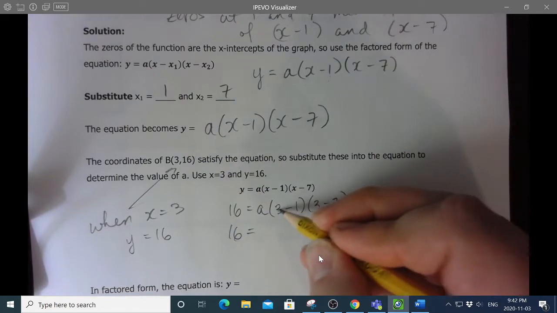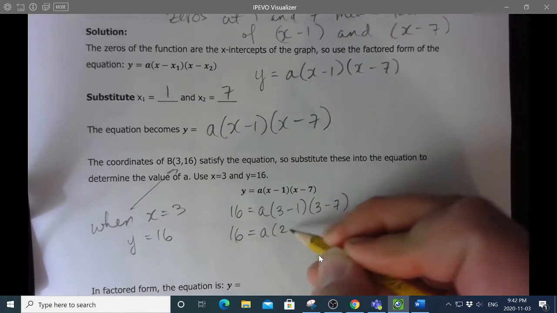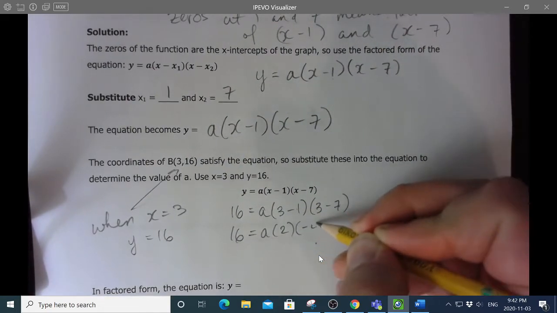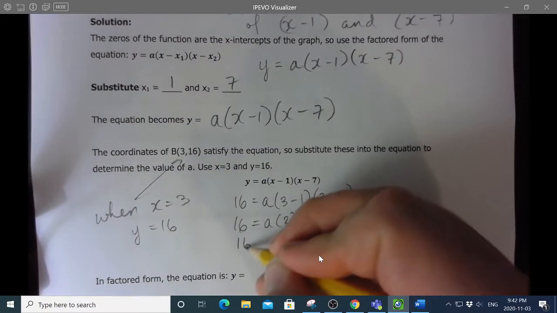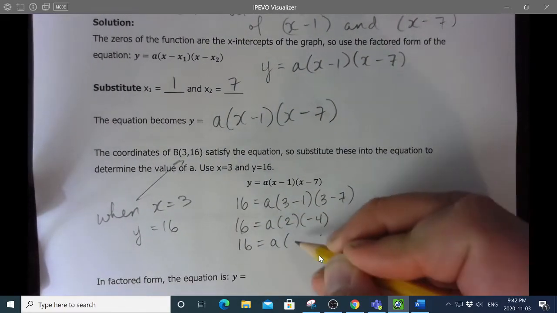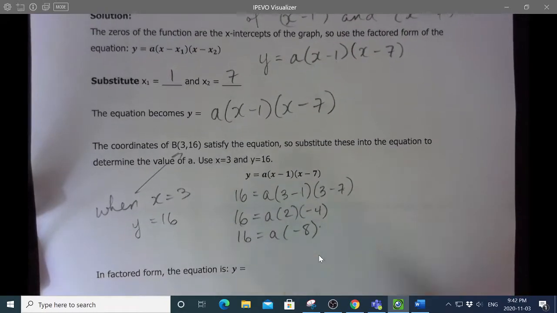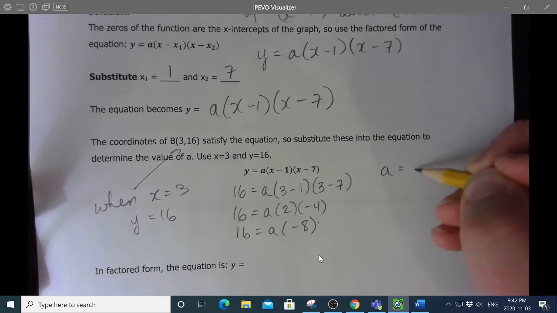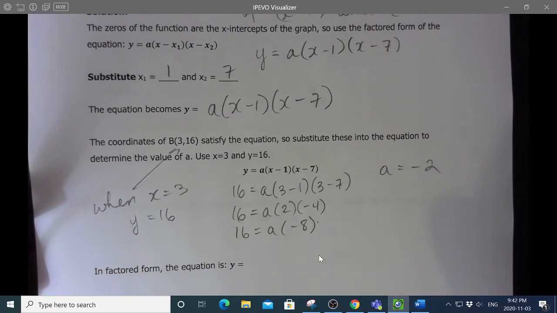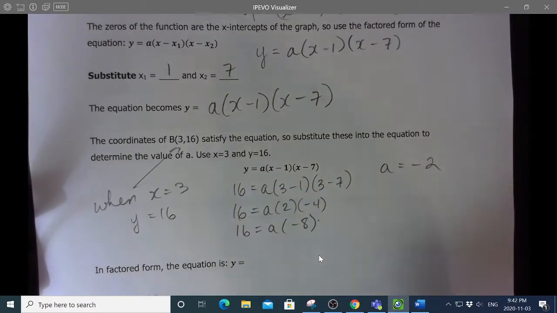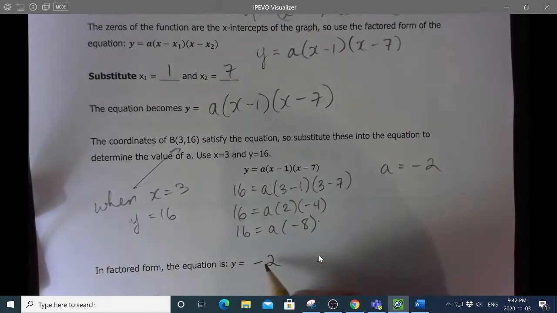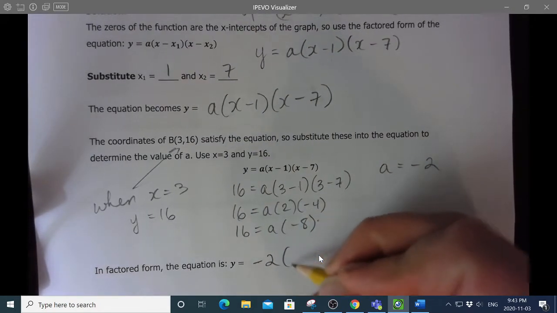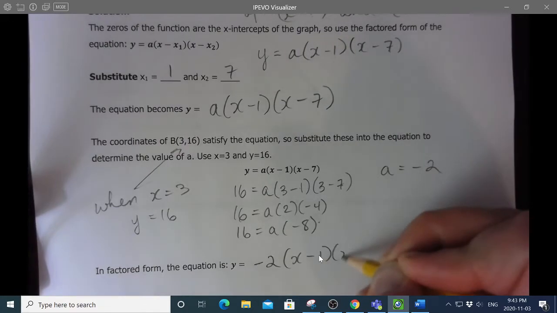16 is equal to 3 minus 1 is 2. And 3 minus 7 is negative 4. So 16 is equal to 2 times negative 8. Divide both sides by negative 8. And my a value is negative 2. So in factored form, the equation is negative 2, the a value, times x minus 1, x minus 7.